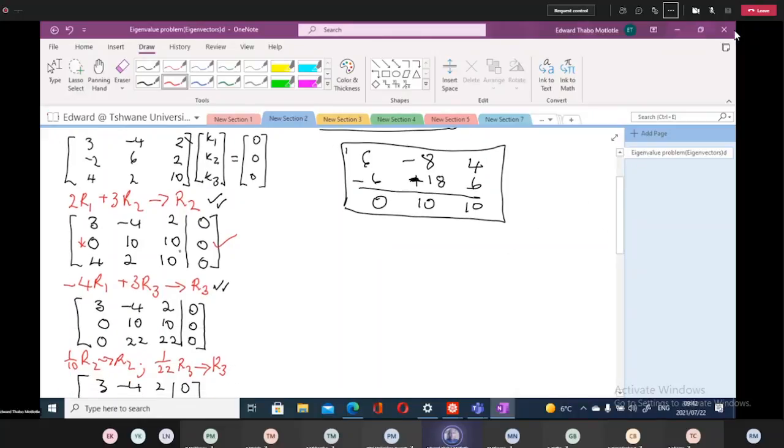We move to the next one. Now you want to make the 4 also 0. So you apply the same thing that I did on that one. I'll explain it again here. You multiply equation 1 by -4 and multiply equation 3 by 3.